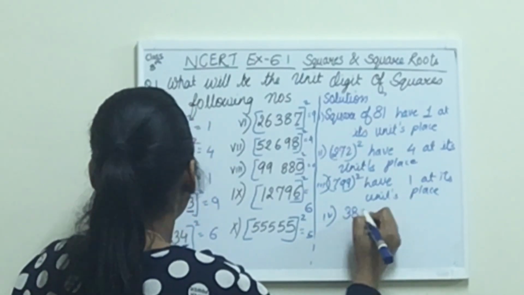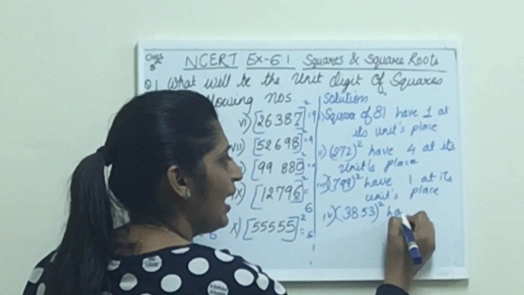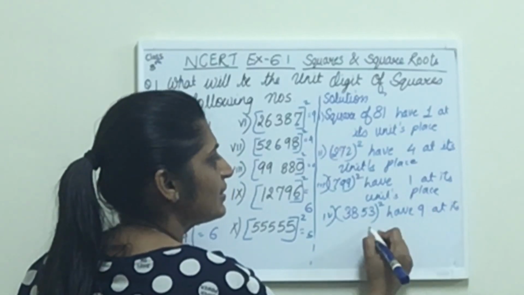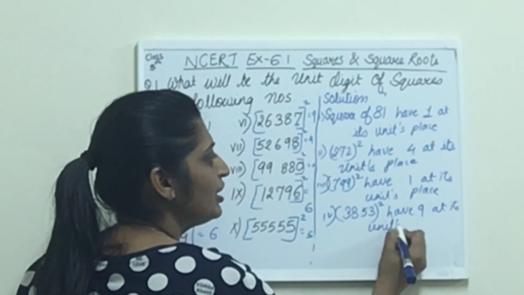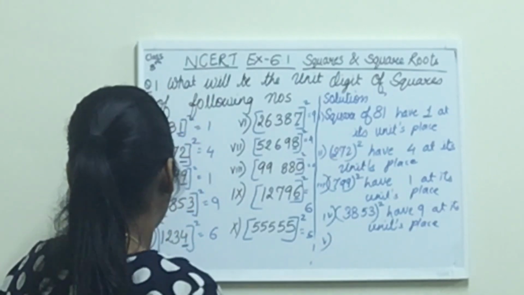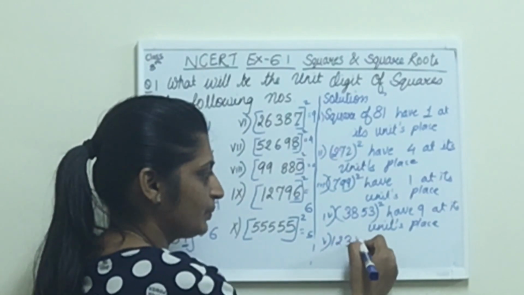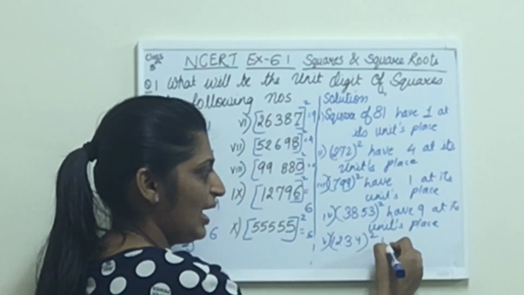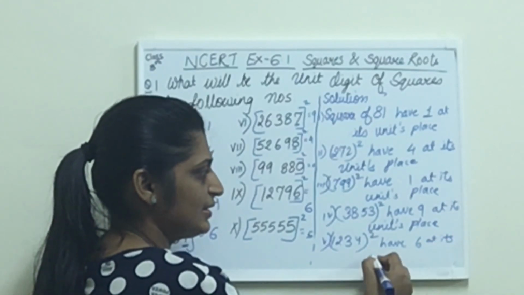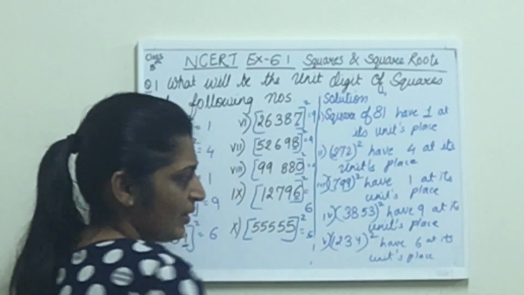Square of 3,853 has 9 at its units place. 1,234 square has 6 at its units place.